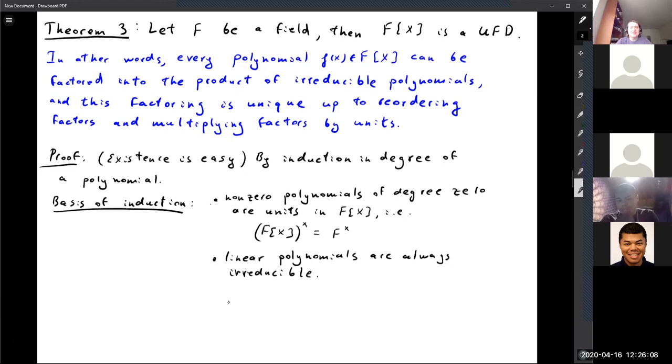And this factoring is, of course, unique. There is no way to factor a linear polynomial as a product of a linear polynomial times something which is not a unit. Okay, so the step of induction would be the following.